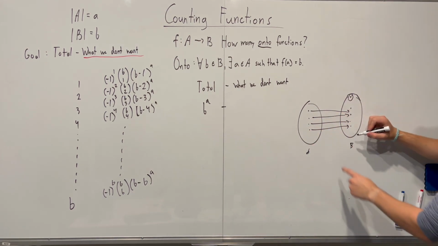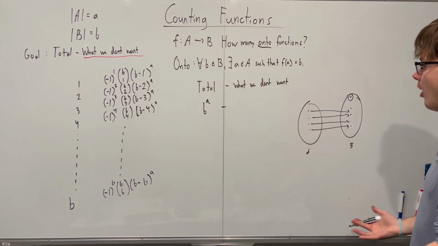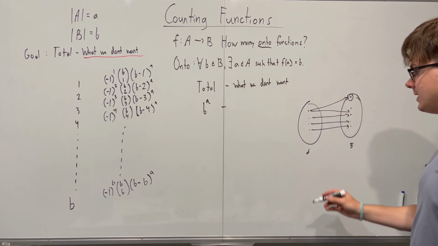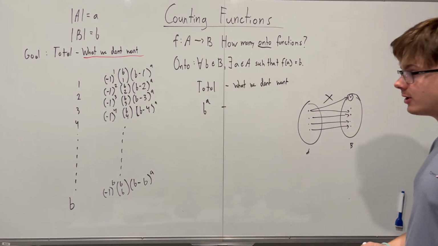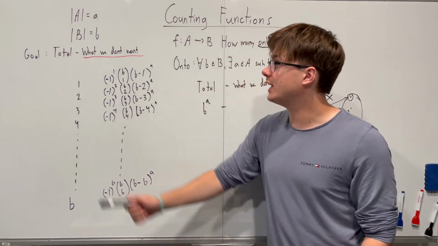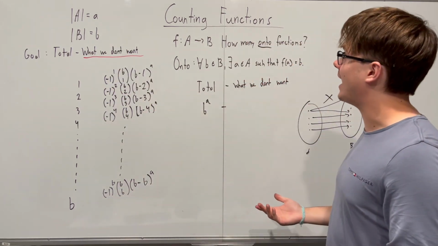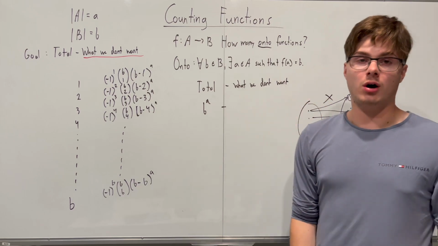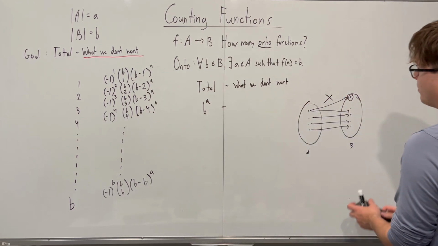If b has more elements than a, you'll never get an onto function because you cannot say something like this. This no longer is a function. So that's why we don't worry about that case, because if b is greater than a, you're going to get that there are no onto functions. So that's why we only go up until b.